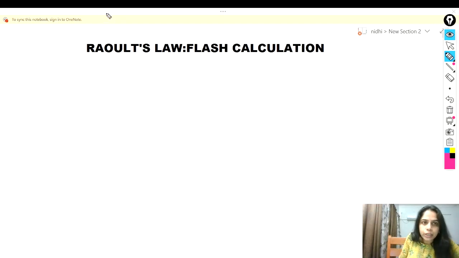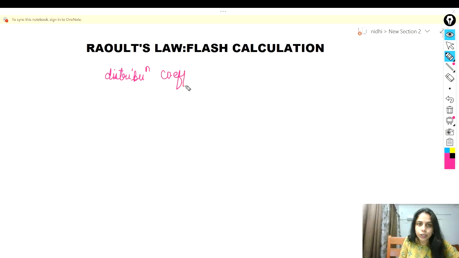Here I am going to define one coefficient, which is called the distribution coefficient, denoted by capital Ki.